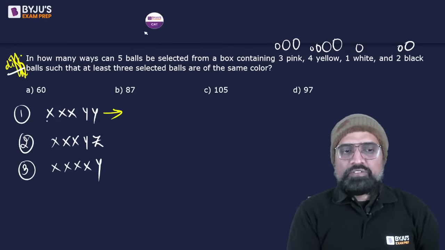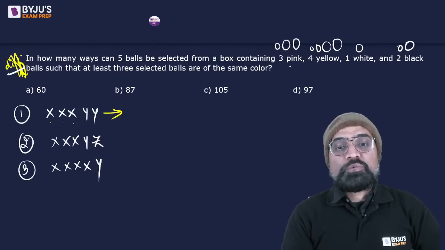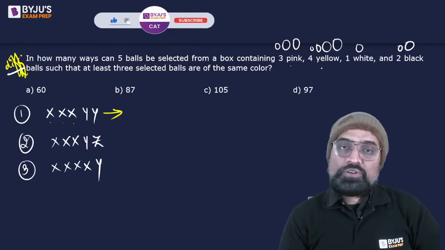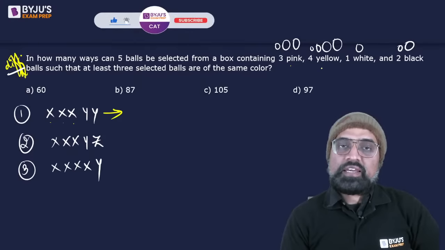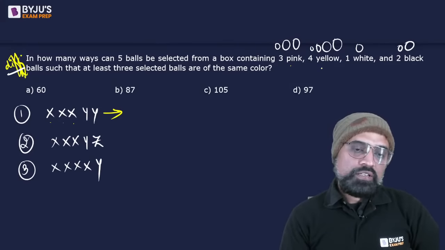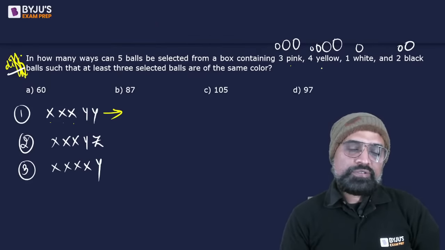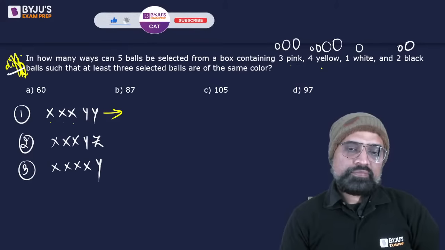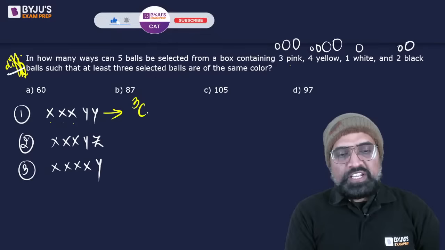Now what will happen? In the first one, when we have 3 balls of the same color, those 3 balls can be a pink or a yellow. Right? Repetition should not happen, so I'll have to be careful. So from those 3 pink, so this is the pink colored balls.